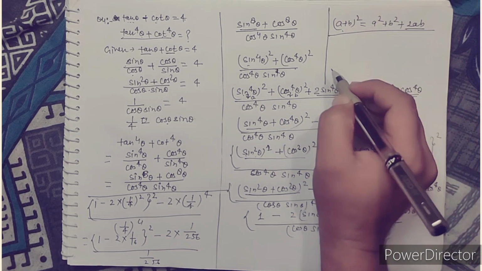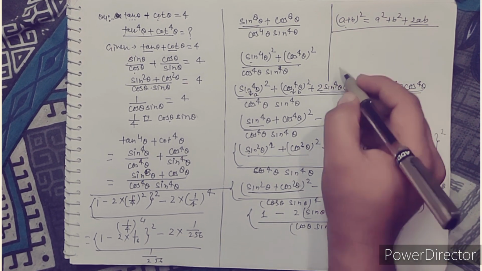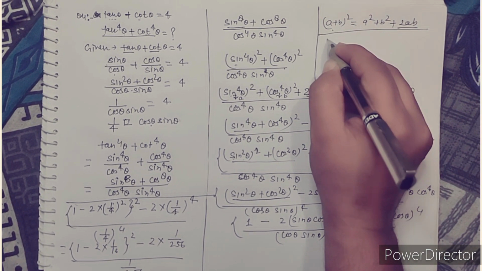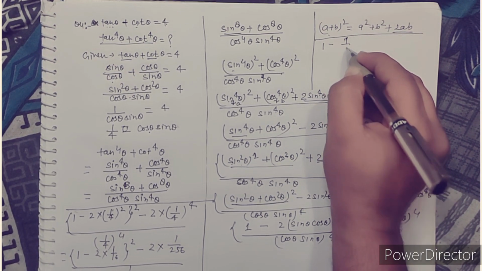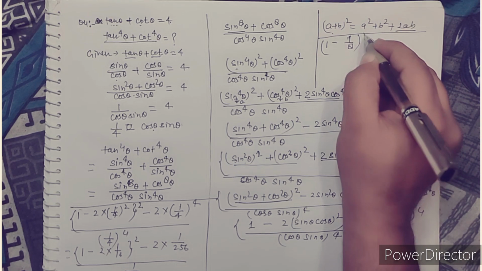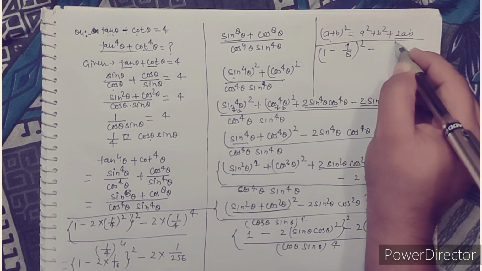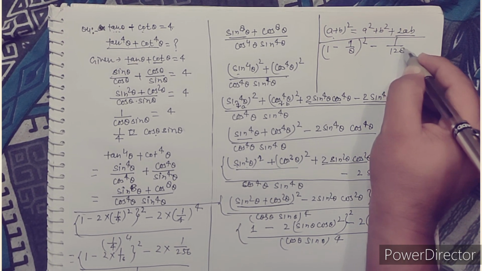Now it will be 1 minus 1 upon 8 whole square, minus 1 upon 128.